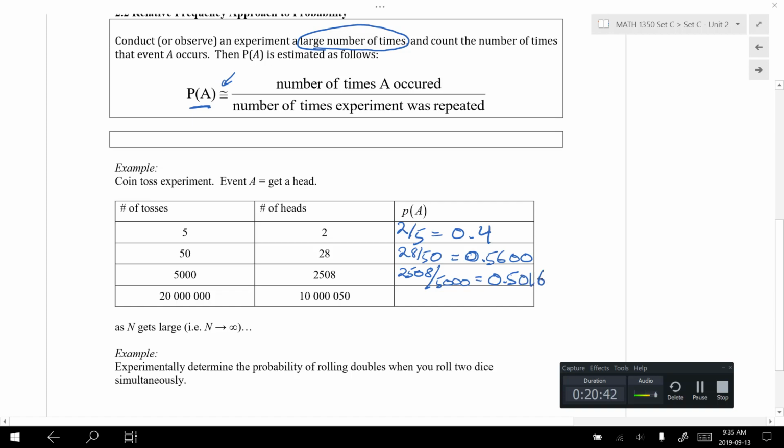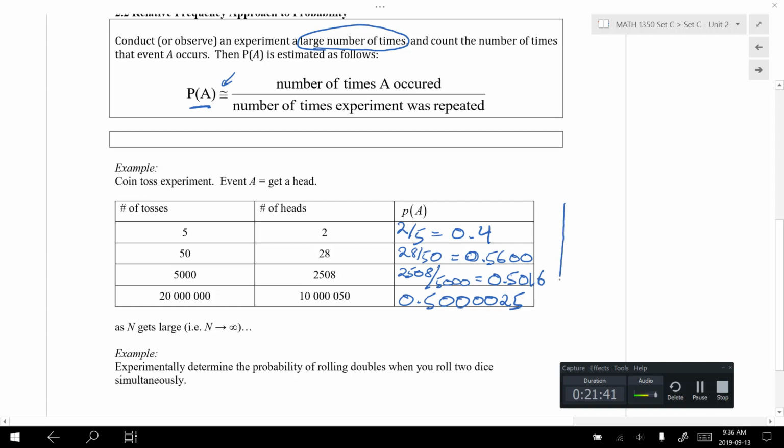So you can see what's happening here. We're getting closer to 50%. And you can imagine throwing this very large number of times and getting pretty much half of them heads, as we see here, for a grand total of 0.5, a bunch of zeros. And so this number is very close to 50%.